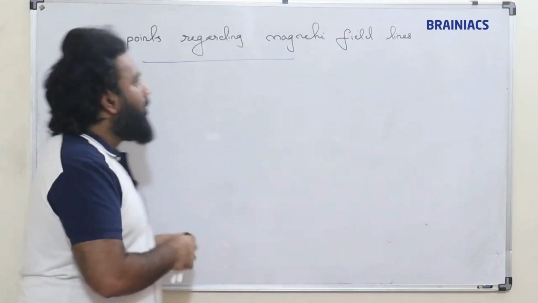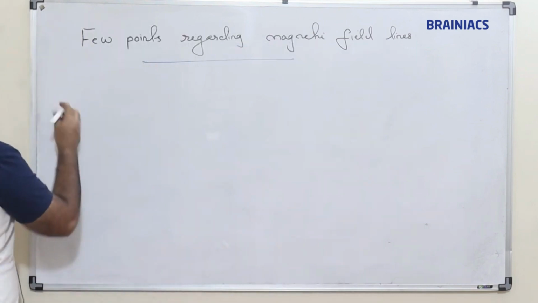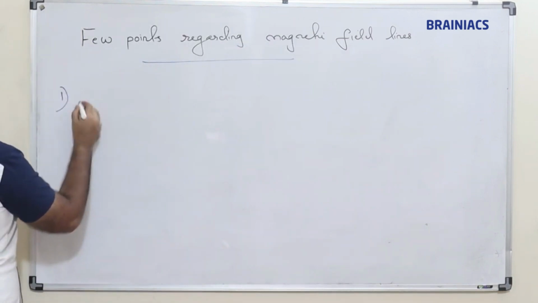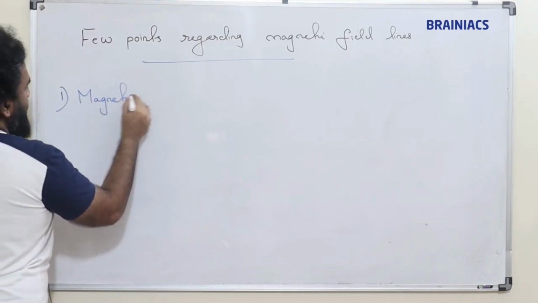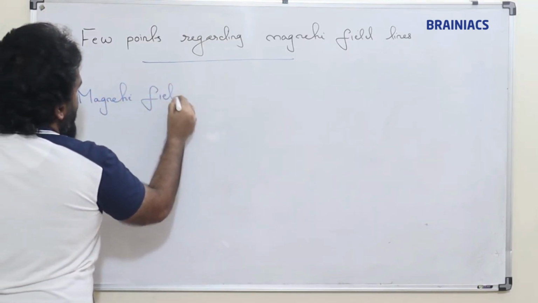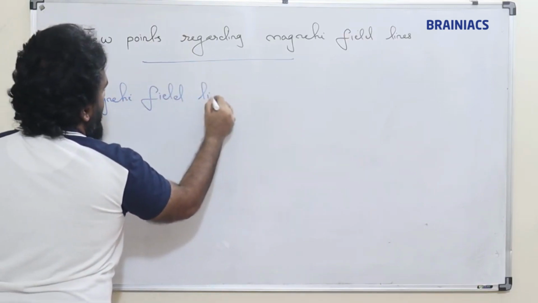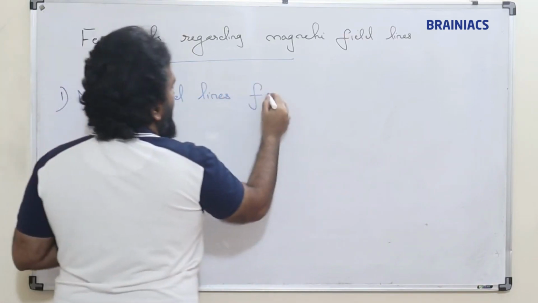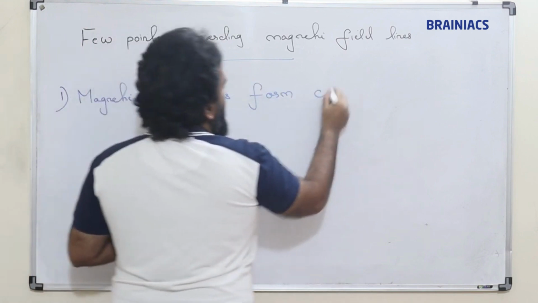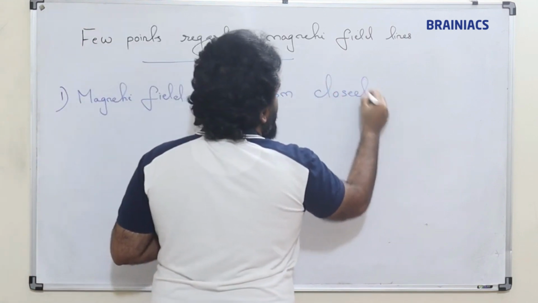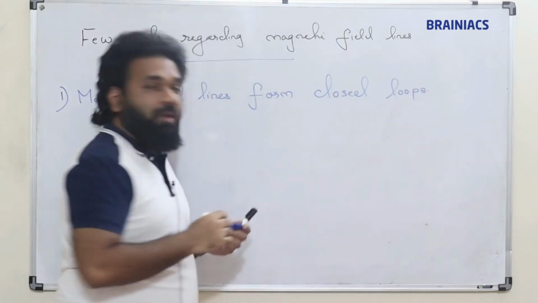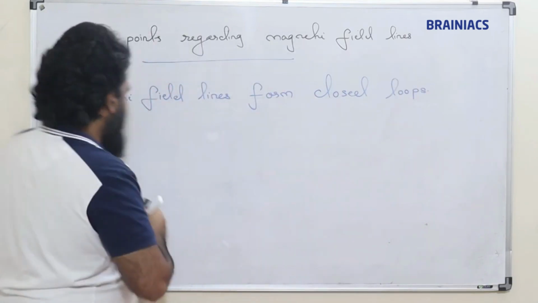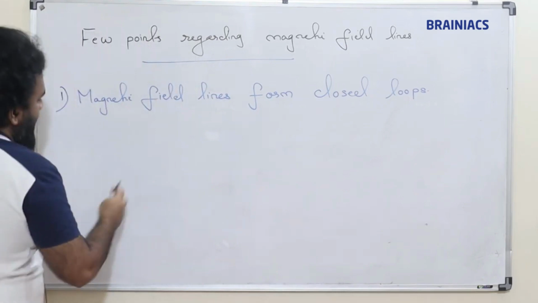Okay, first point, number 1: magnetic field lines form closed loops. How is this possible?